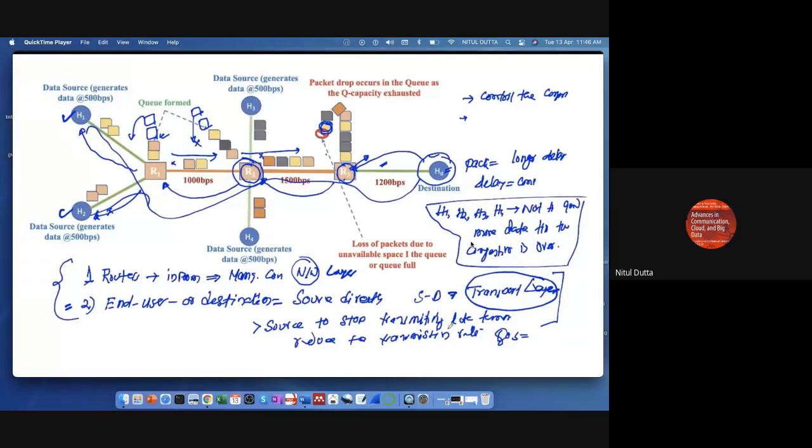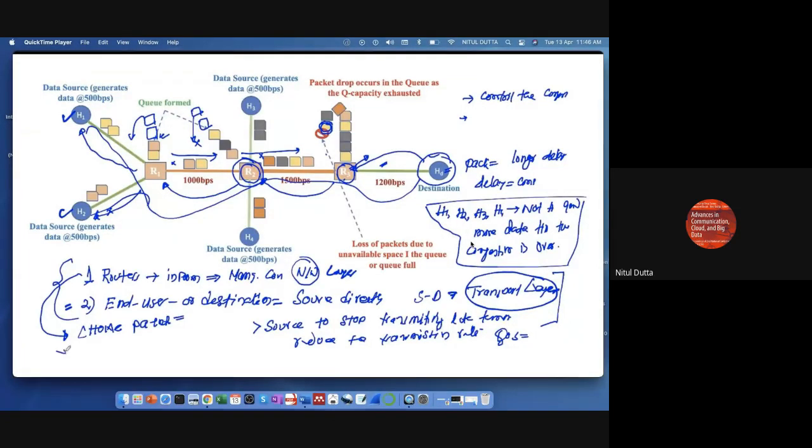One of the methods used in the network layer is called choke packets. Choke packets is one of the oldest and very simple methods of handling congestion.